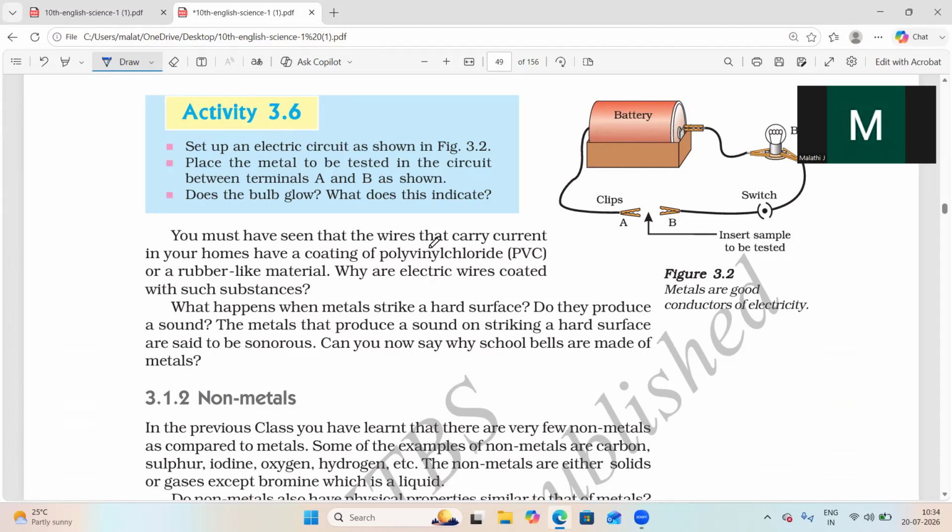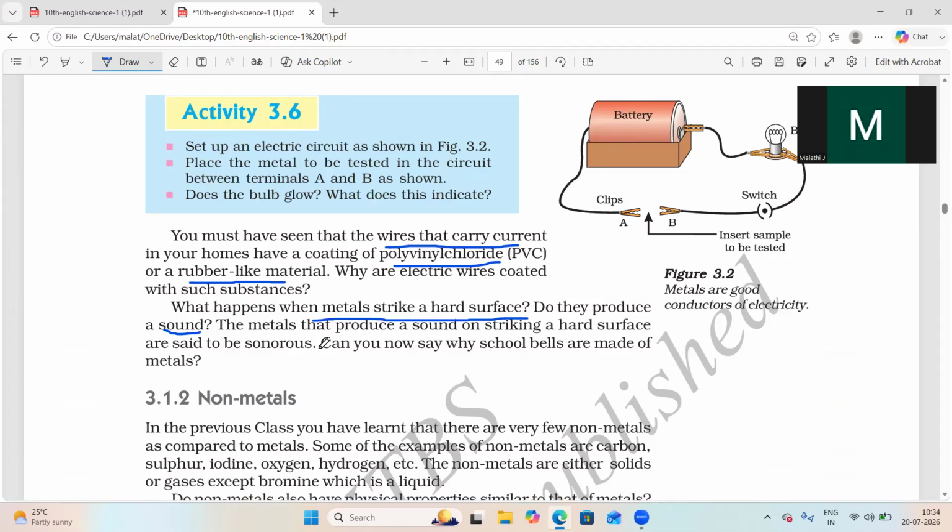If you observe the wires that carry current at homes, they are coated with polyvinyl chloride, PVC, a rubber-like material. Why are these wires coated with these substances? What happens when metals strike a hard surface? Do they produce any sound?